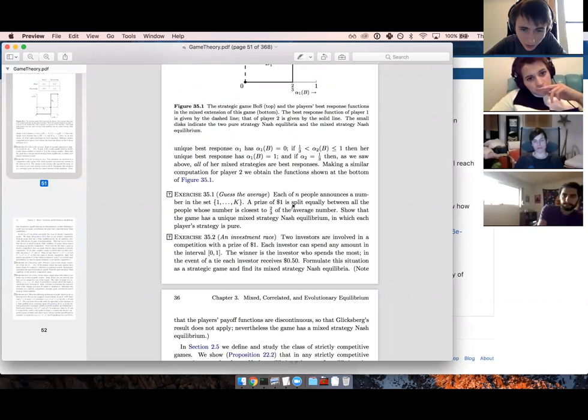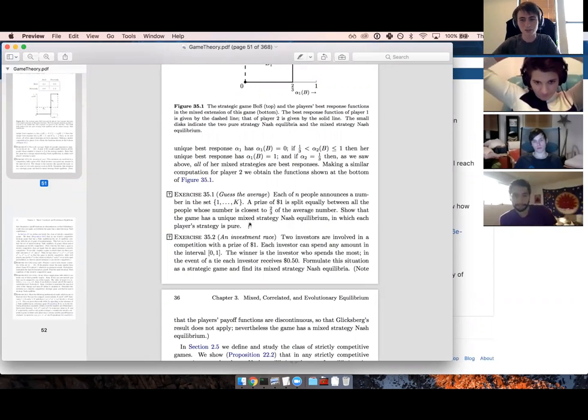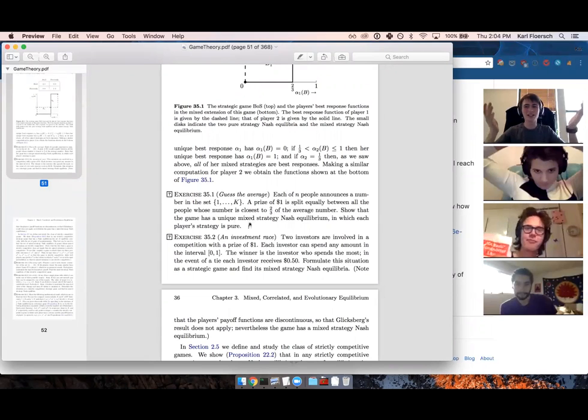A prize of $1 is split equally between all the people whose number is closest to 2/3 of the average number. Whoops, this is point 1, but that's okay. I'll just keep it. Show that the game has a unique mixed strategy Nash equilibrium in which the player's strategy is pure. This is the beauty contest.